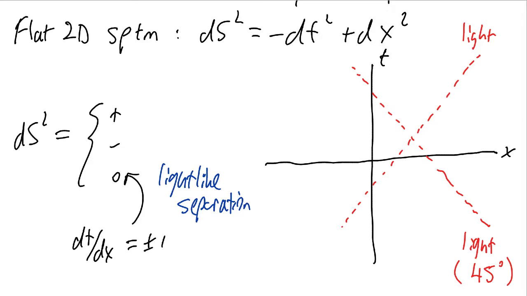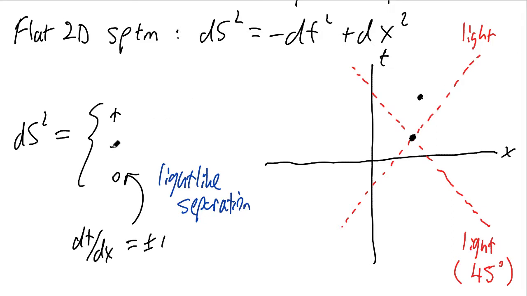So if we consider now this event at the crossing of the light rays, we see that the light rays divide the spacetime up into 4 regions. And other events that are, say, in the upper wedge, these events are time-like separated.